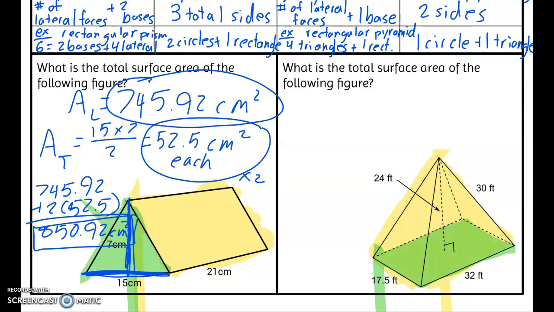So we're going to get started. What was the area for the lateral sides of this pyramid on the last set of notes? Well, that was 1,444.8 feet squared.